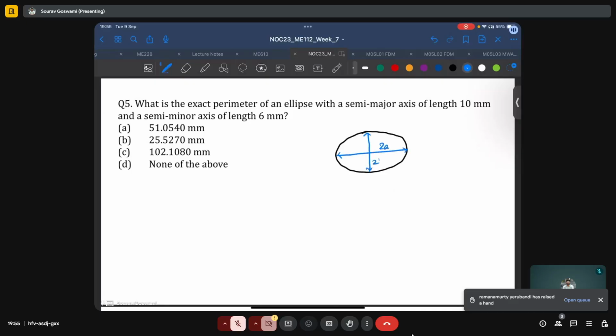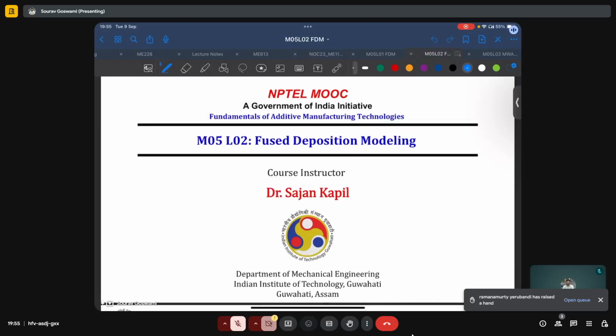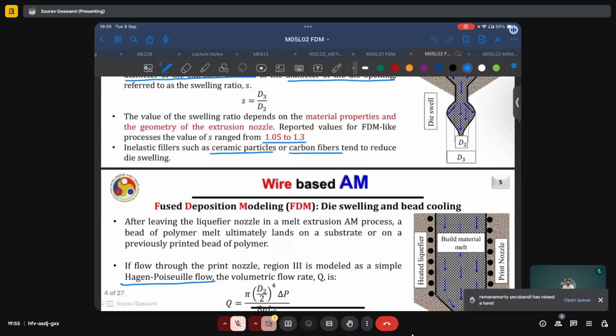This is 2A and 2B. A is given to us as 10 mm and B is given to us as 6 mm. And the formula for this was also given to us.